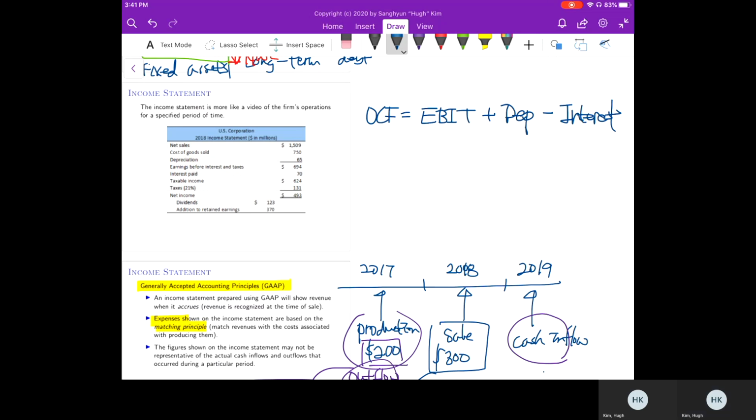So EBIT, or operating income, is here. It's $694 million. If the numbers on the screen are too hard to see, then please see our lecture notes.